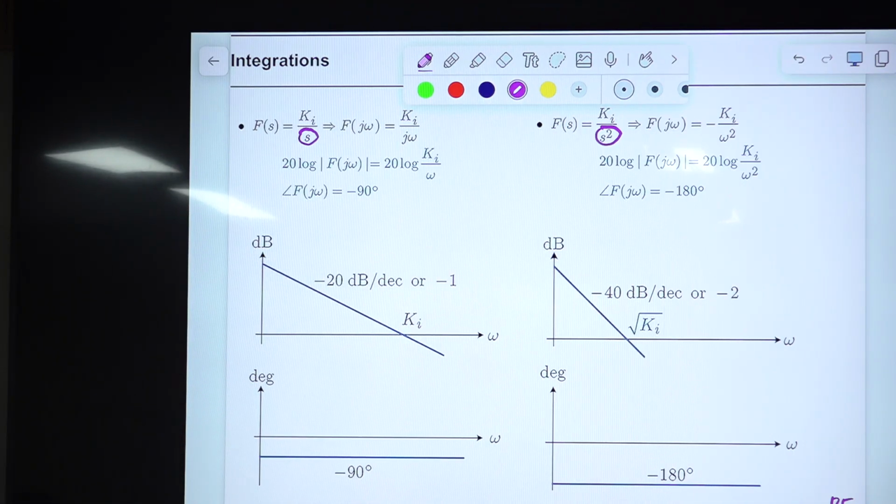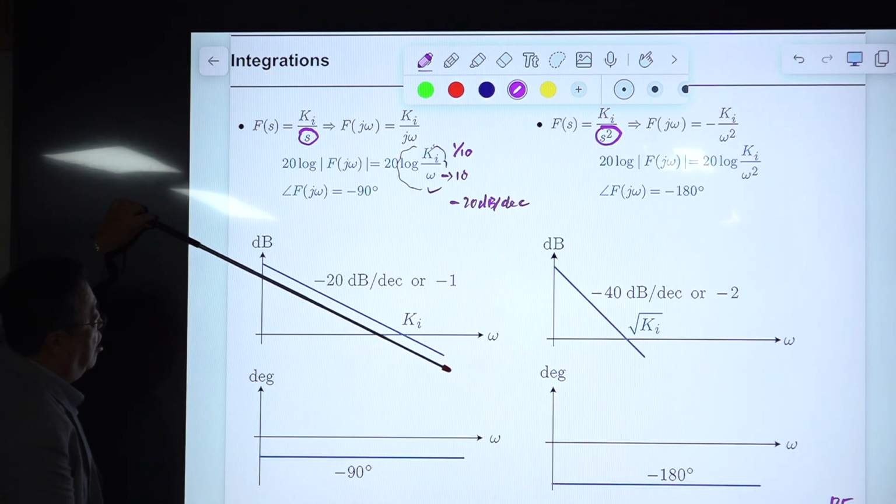So if you increase omega 10 times, this value becomes 1 divided by 10. This is minus 20 dB per decade slope, which is obvious from this structure. It starts from 0 and goes down like this.